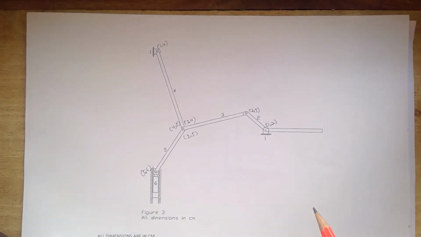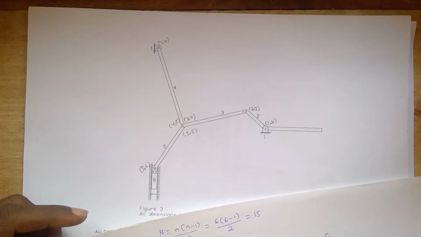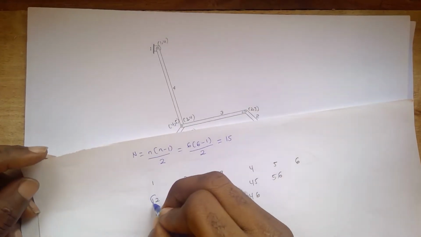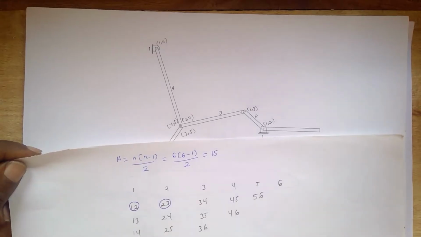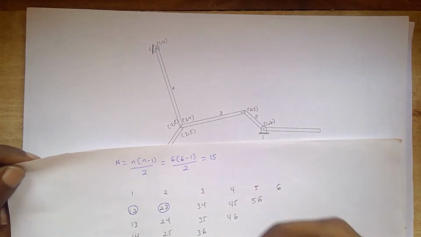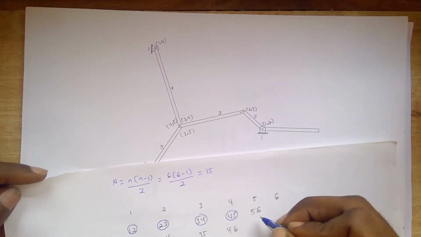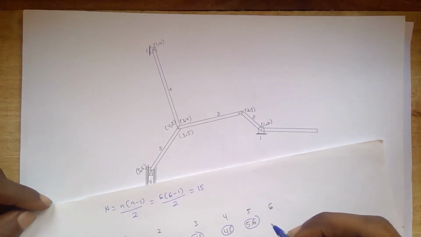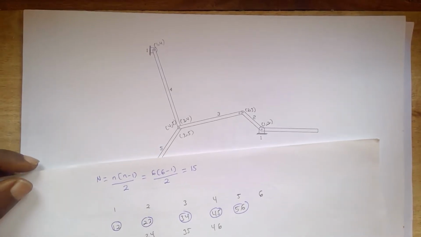Now let's circle the instance centers that we know so far. We know 1,2. We know 2,3. We know 3,4. We know 4,5. 5,6 is known. And then we know 1,4.